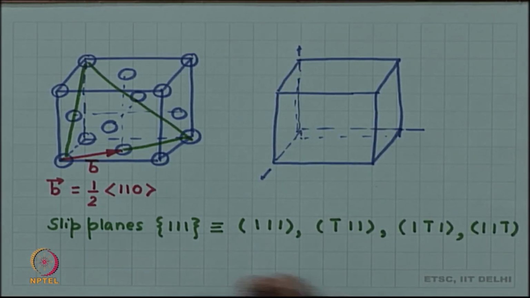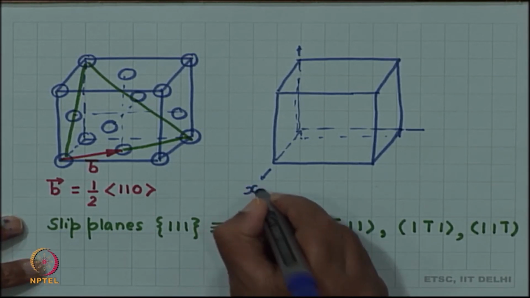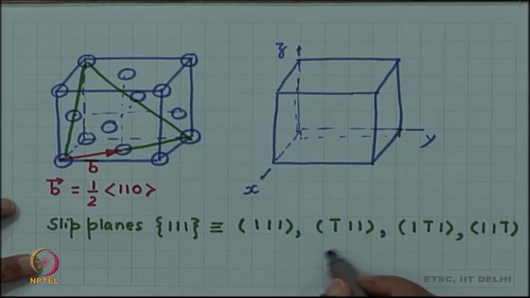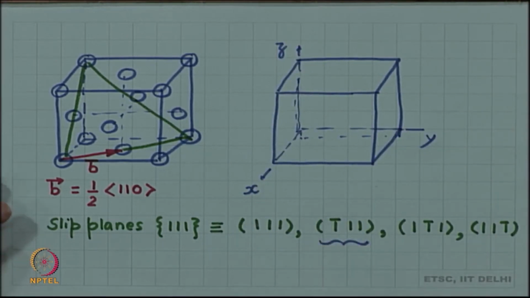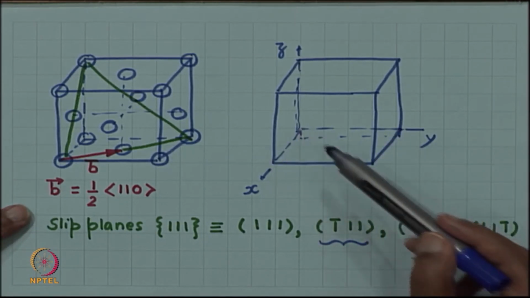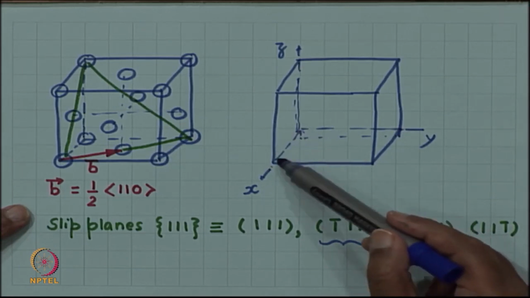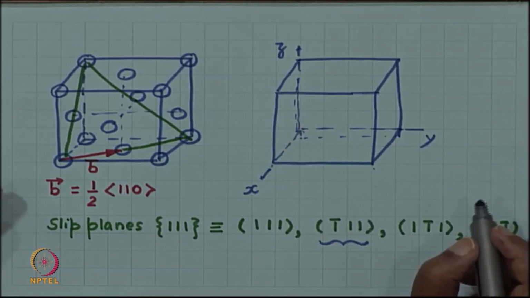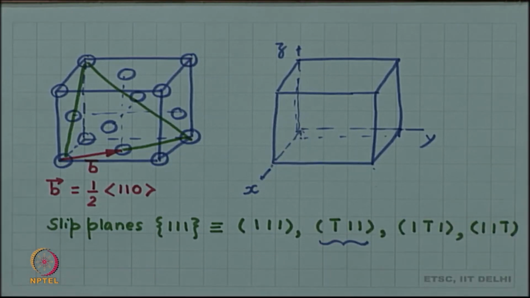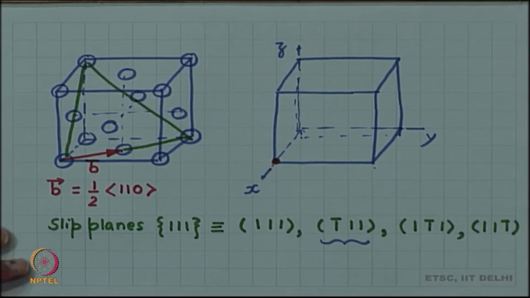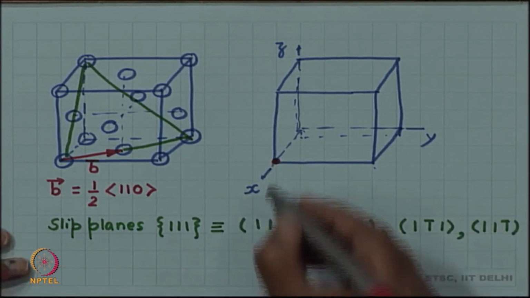Let me draw 2 of these planes. Let me take bar 1 1 1. Let me use this as x, y and z, and draw the bar 1 1 1 plane. I need to go negative in the x axis, positive in the y and positive in the z. So, this may be a suitable choice of origin for that purpose.